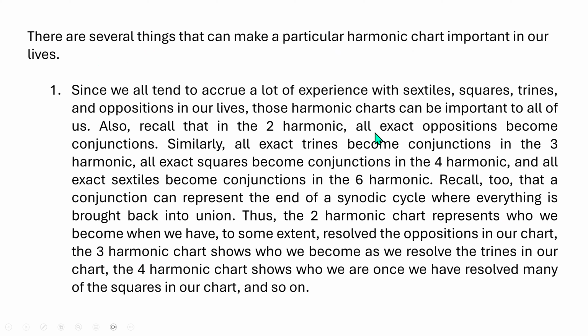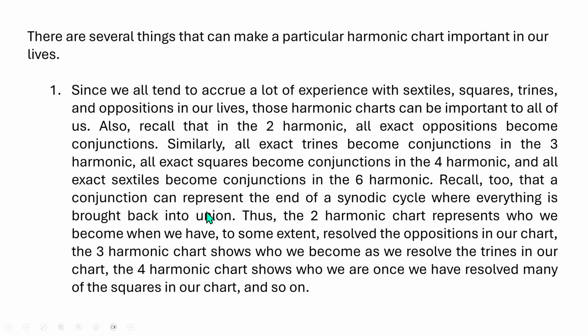Also, recall that in the 2 harmonic, all exact oppositions become conjunctions. In the 3 harmonic, all exact trines become conjunctions. In the 4 harmonic, all exact squares become conjunctions. In the 6 harmonic, all exact sextiles become conjunctions.